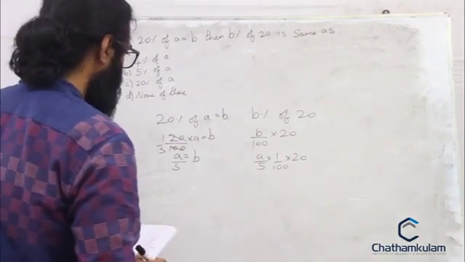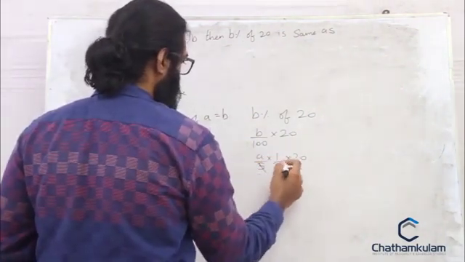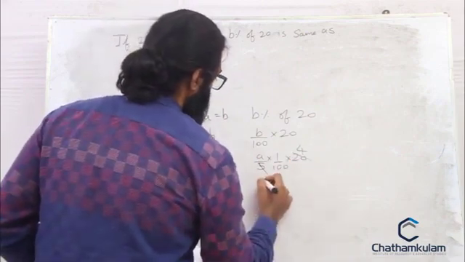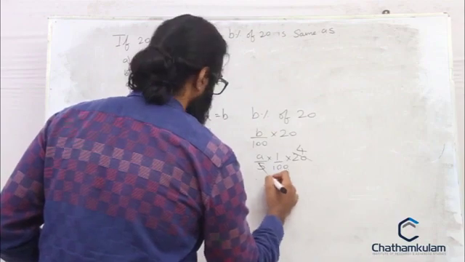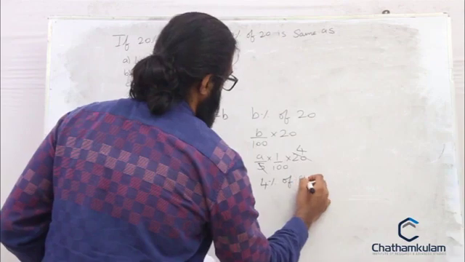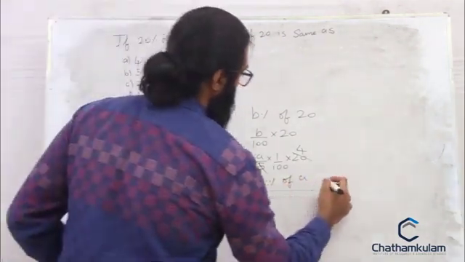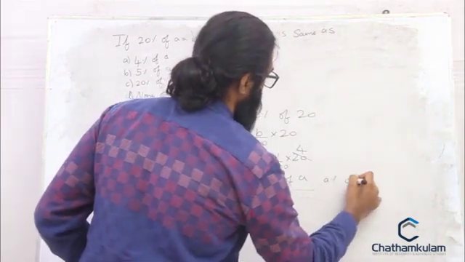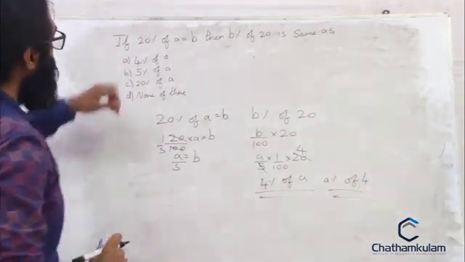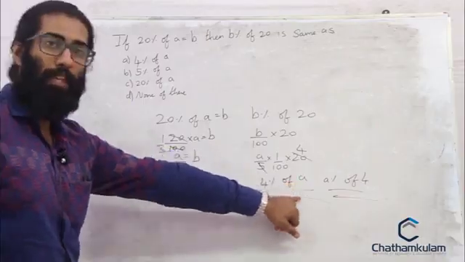We can cancel 5 and 20, we get this as 4. So we can write this as 4% of A, or vice versa, that is A% of 4. We can write it in both terms, but in the question 4% of A is one of the options, so we write 4% of A as the answer.